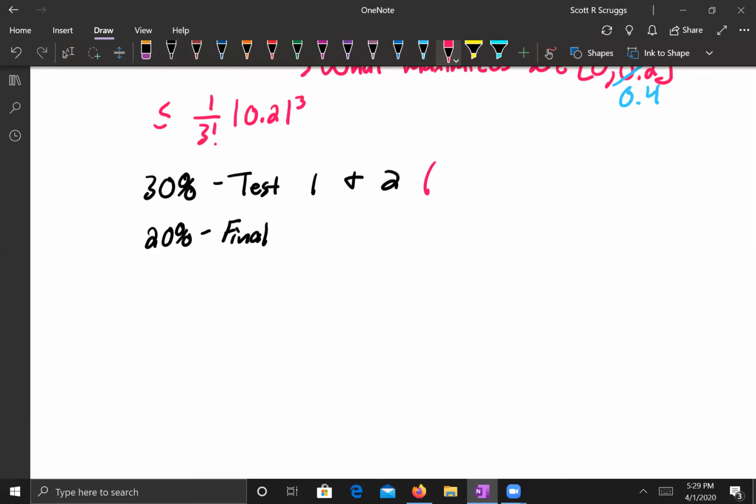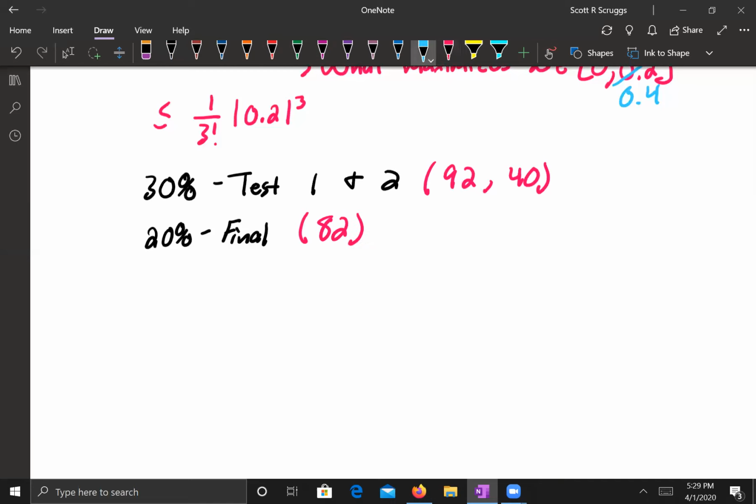Let's say on test 1 he got a 92. And because test 2 was harder than test 1, let's say he scored a 40. Well, let's say he tried really hard on the final, and he scored an 82.